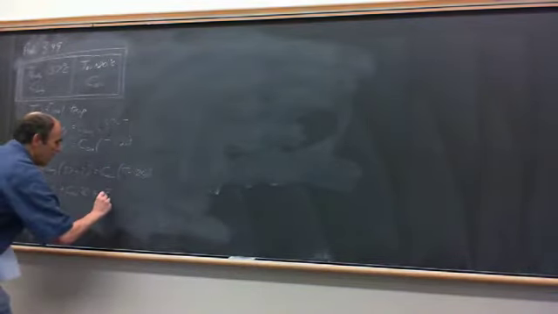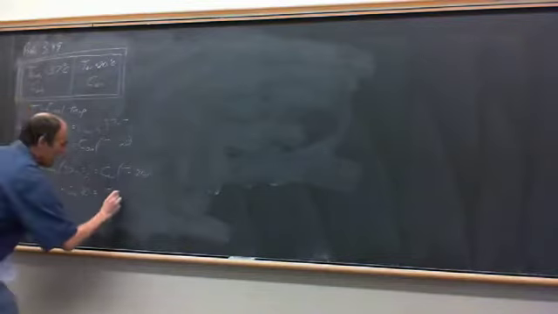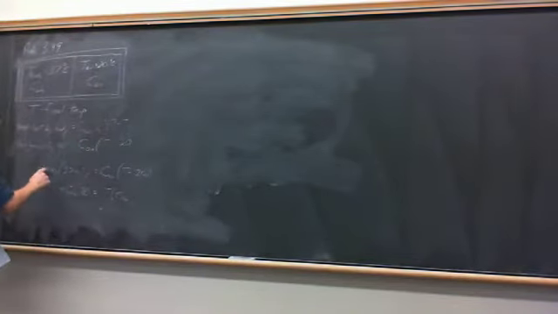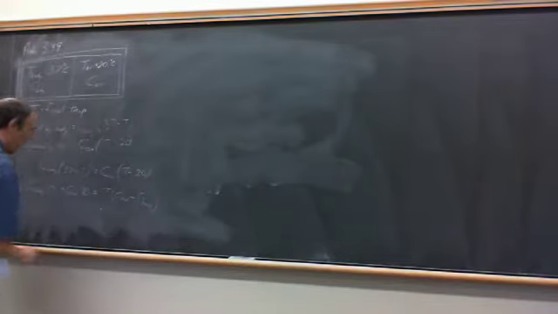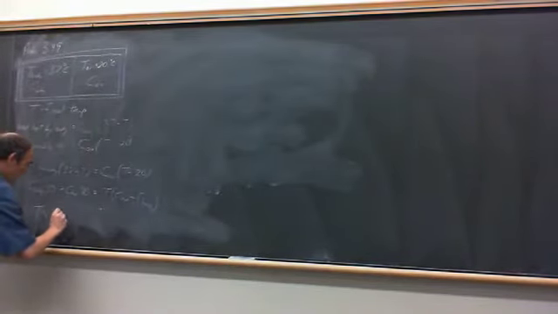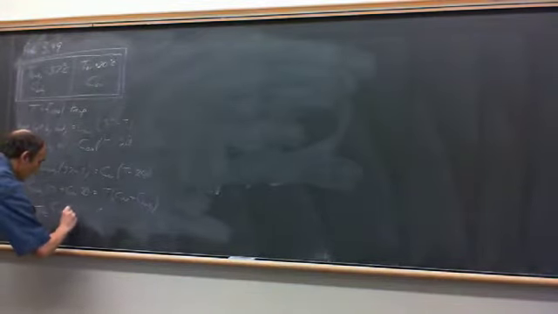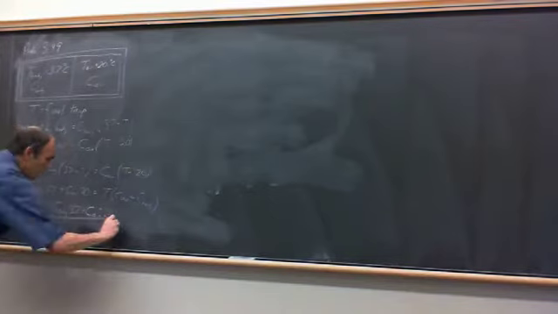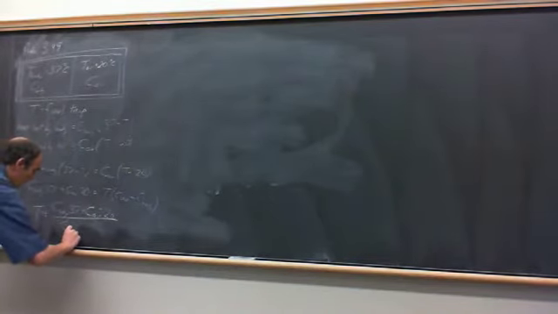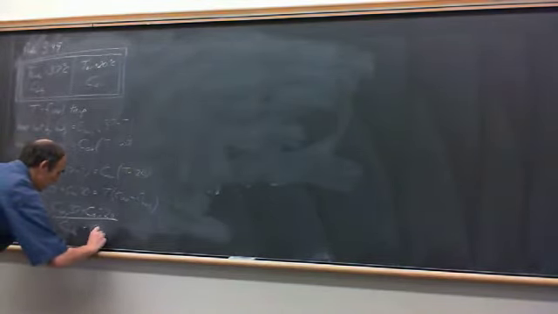So I'll factor the T out, and what's left is C air plus C body. So the final temperature is going to be C body times 37 plus C air times 20, divided by C body plus C air.